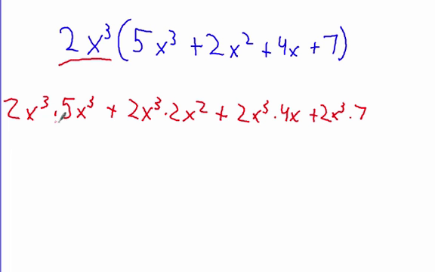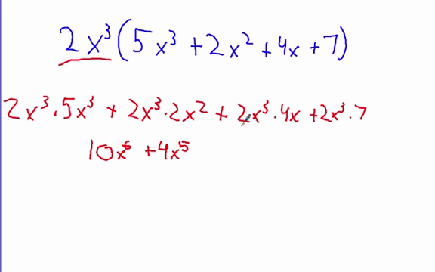Now we just go through and work it out. 2x cubed times 5x cubed, 2 times 5 is 10, and x cubed times x cubed is x to the 6th power from our unit on exponents. Go to our next term over here, 2x cubed times 2x squared, 2 times 2 is 4, x cubed times x squared is x to the 5th power.